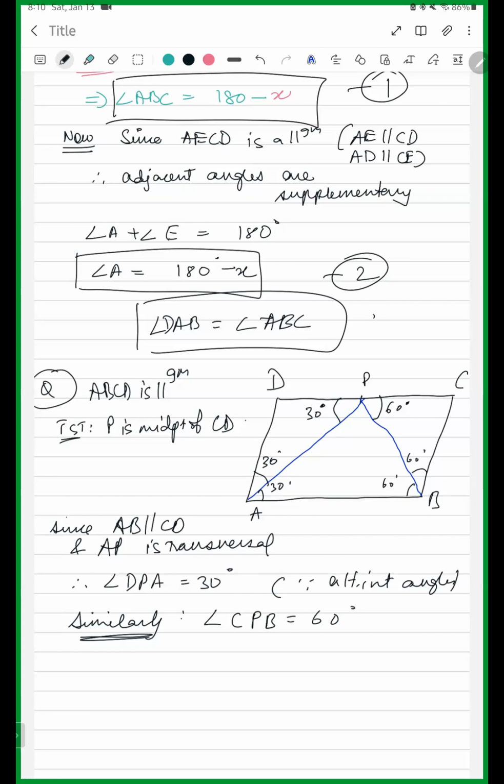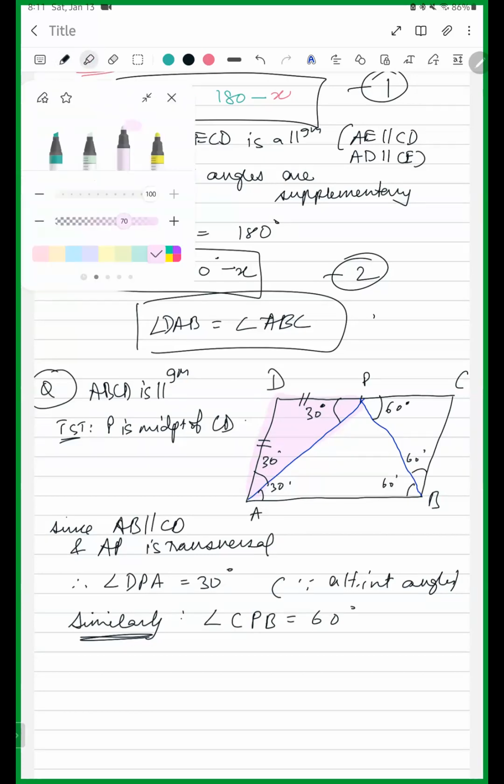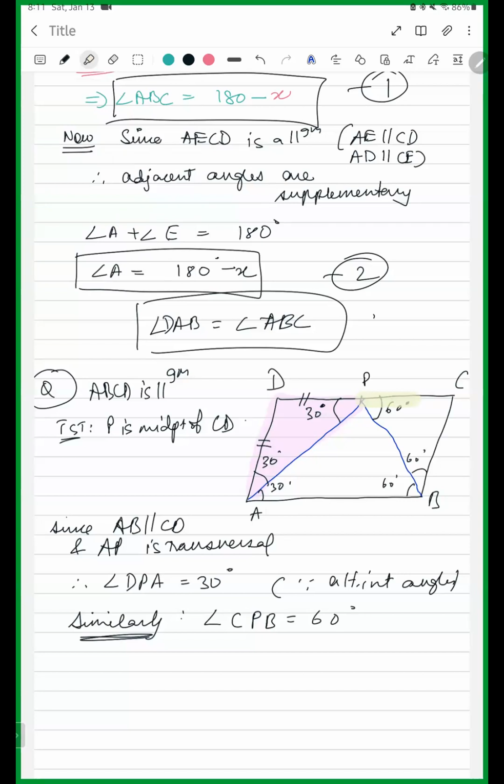So now if you look at triangle APD, you have this is 30, this is 30. If there are two angles which are equal, so this side should be equal to this side. Yes. And similarly, if you look at this triangle, you have two angles which are equal to each other.